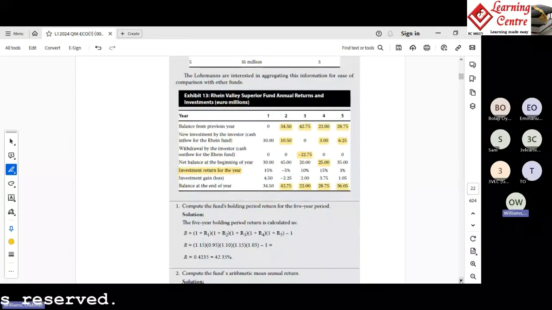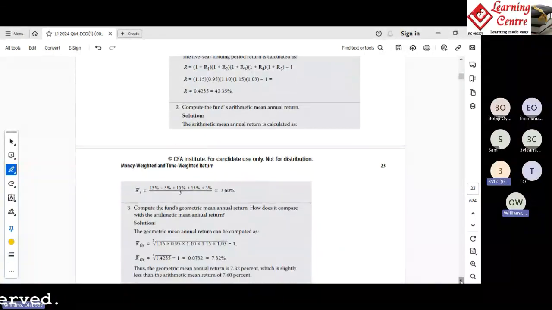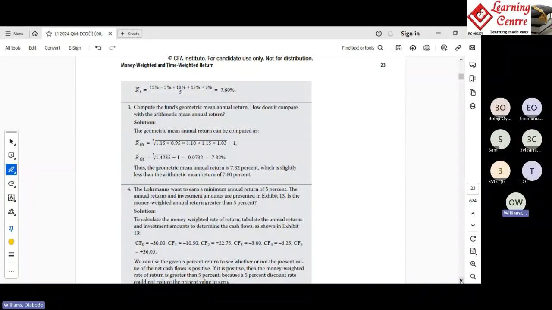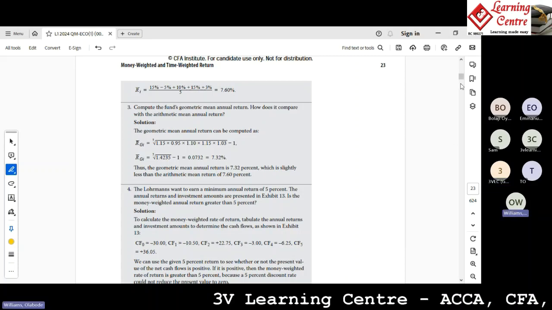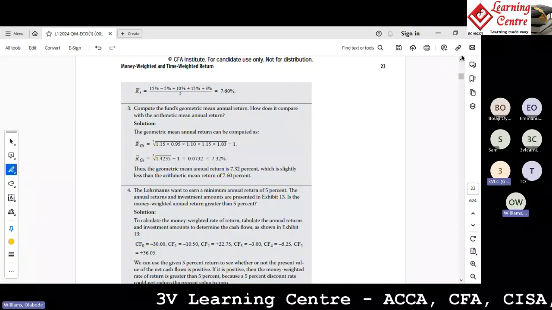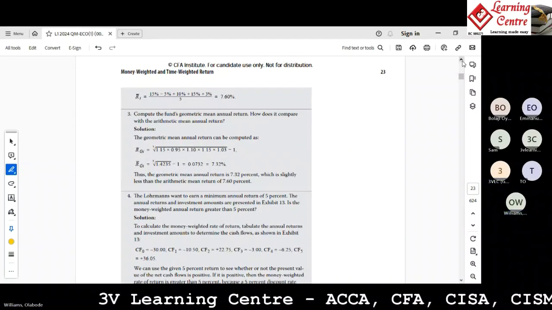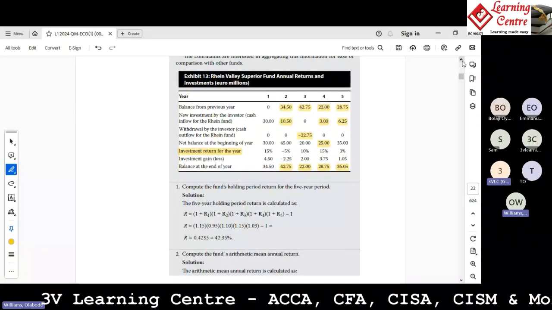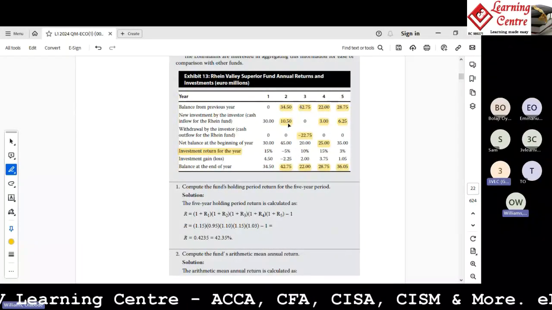So now let's go back to the question and see the methodology. You can see here that for CF0, it is minus 30. For CF1, it's only the 10.5, sorry, only the new investment value, 10.5.